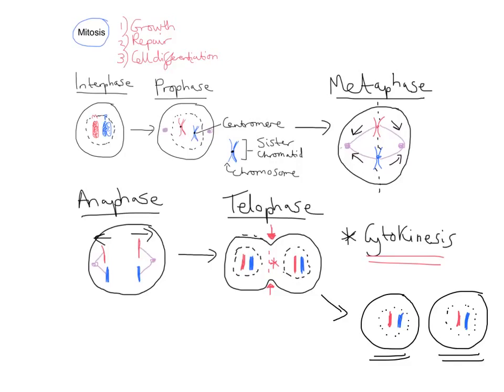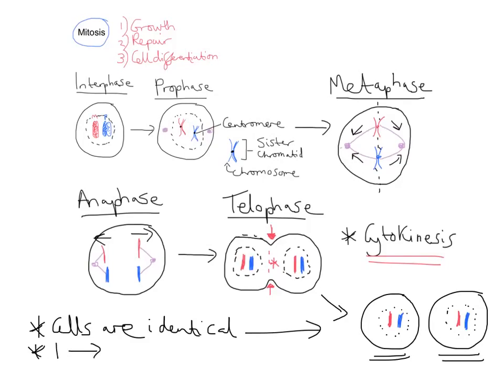The two cells that we form are identical. So some key things about mitosis. The cells that we form are identical. We are essentially going from 1 to 2 cells.